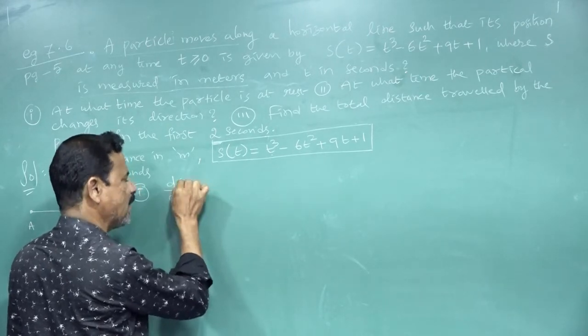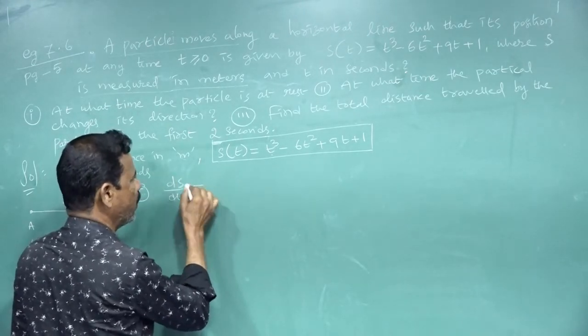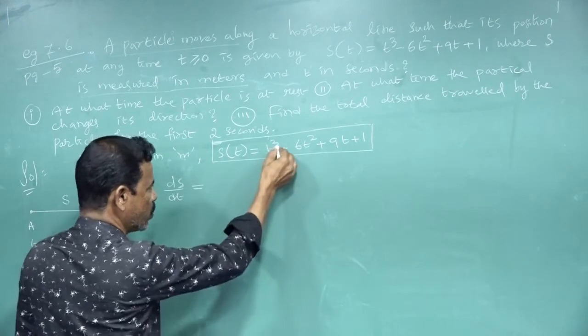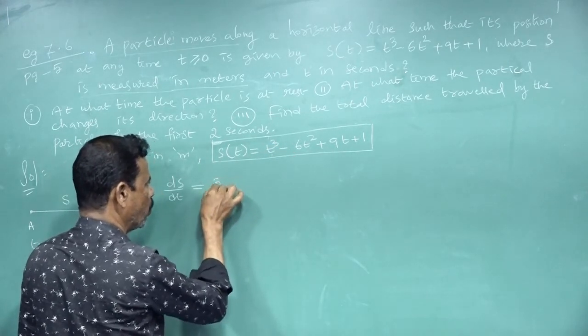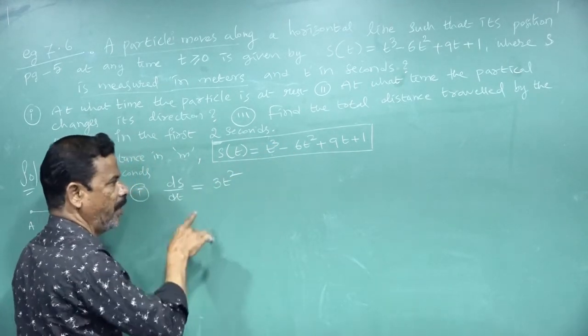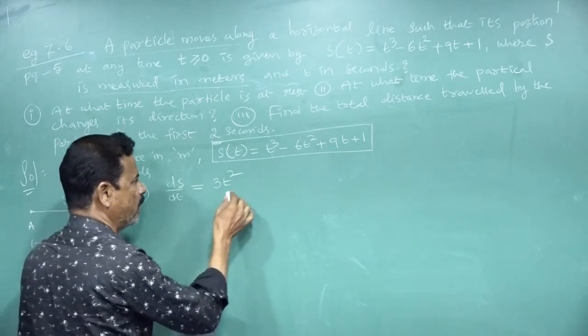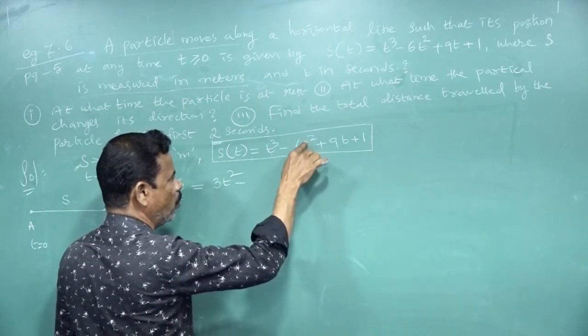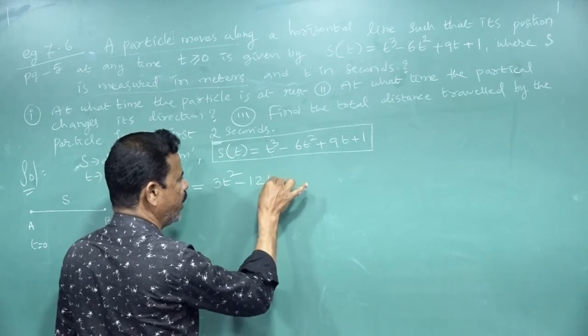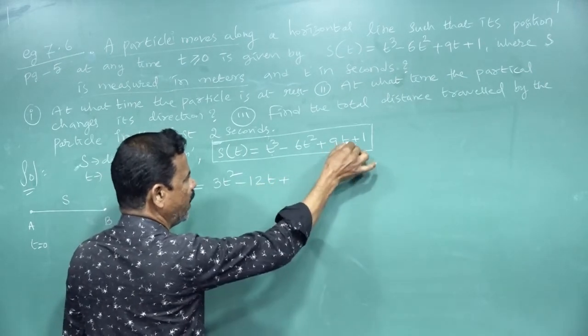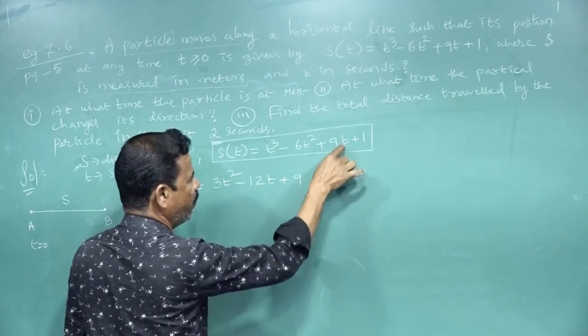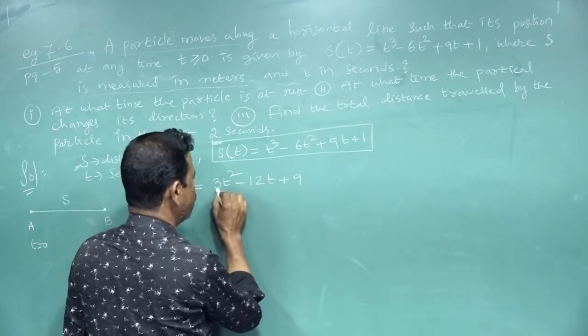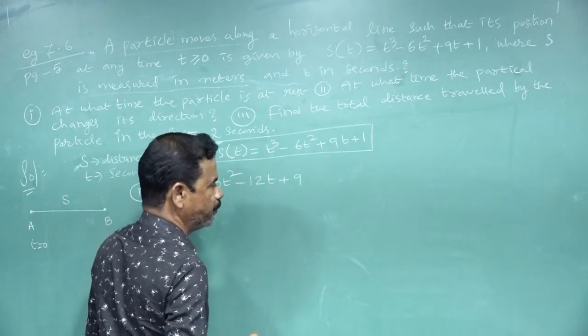S of t means S, ds by dt, first differentiation. So t cube differentiation we know, 3t square, n into t power of n minus 1, like that, minus 2 into 6, 12t, plus 9t differentiation 9, t is 1, and the constant 1 gives 0. This is the ds by dt.